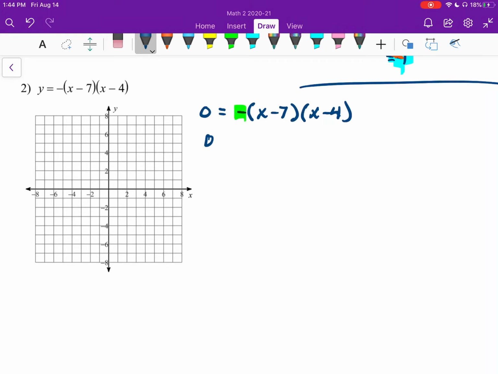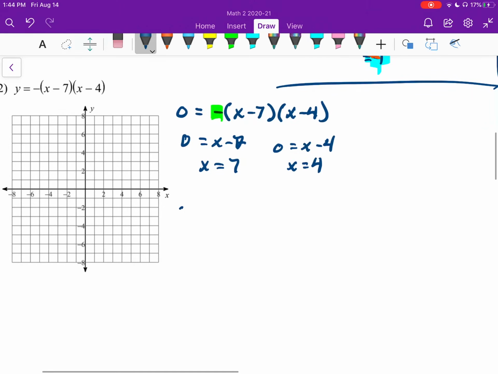So we're going to say 0 equals x minus 7, 0 equals x minus 4, x equals 7, x equals 4. So this tells us that our X-intercepts are 7 and 4. So I'm going to put a dot on 7 and a dot on 4.